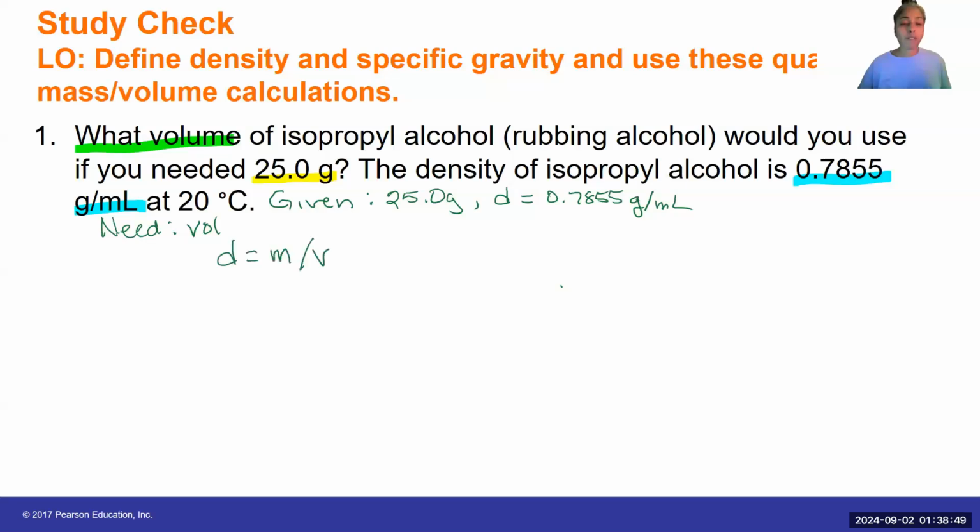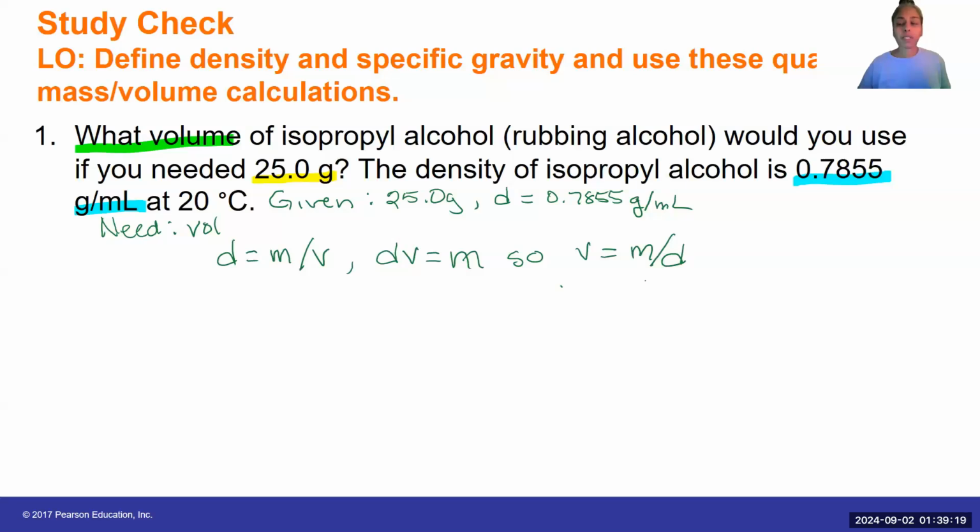So we start off with density is mass per volume. If we rearrange this equation by multiplying both sides by the volume, we end up with mass is equal to the density times volume. And if we divide both sides by density, then we can now get the volume is mass over density.